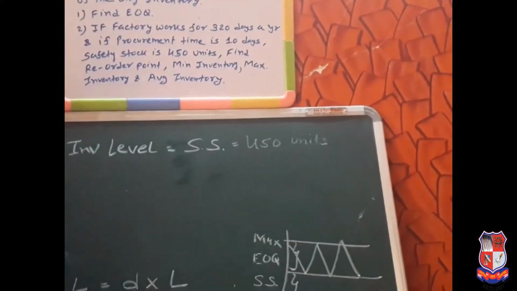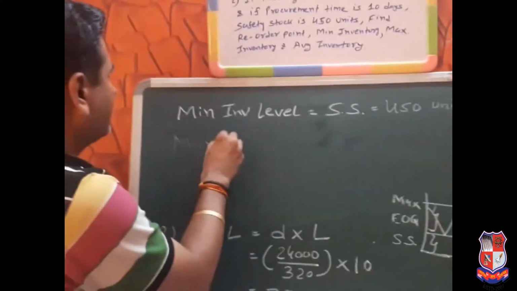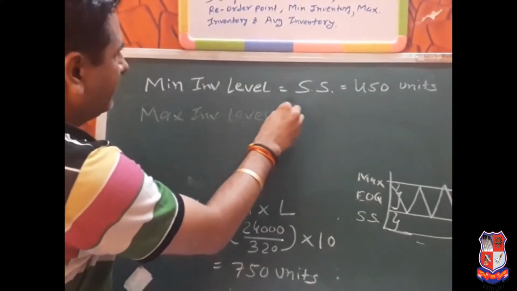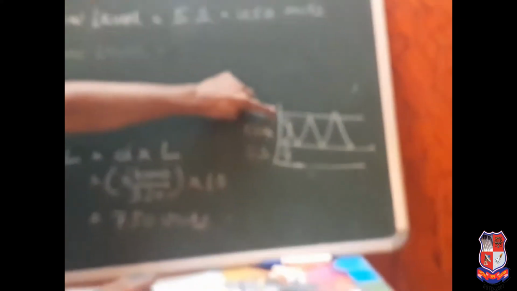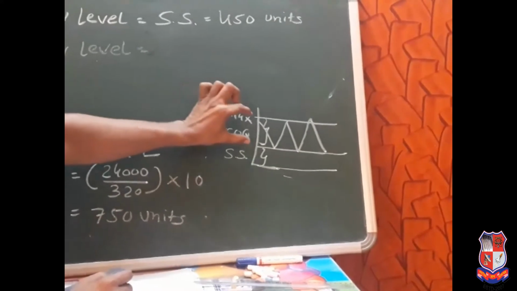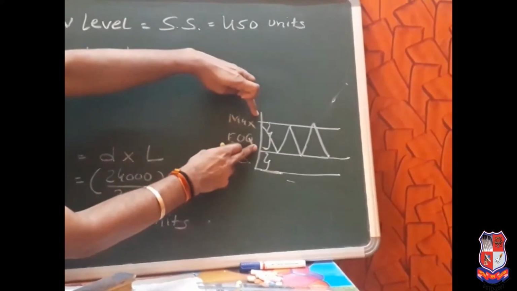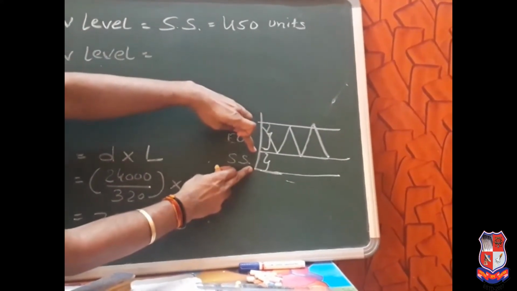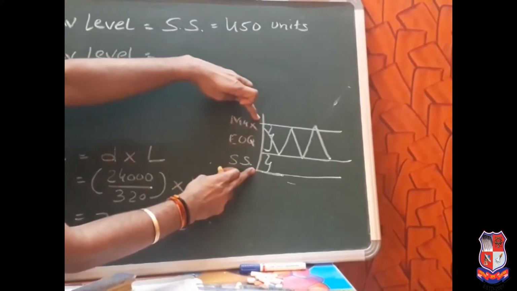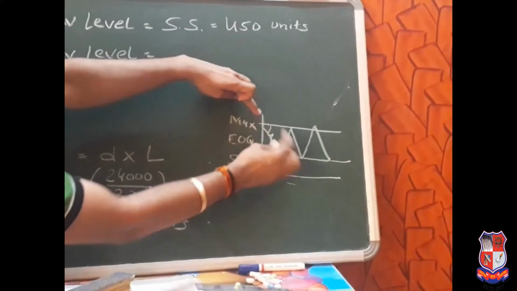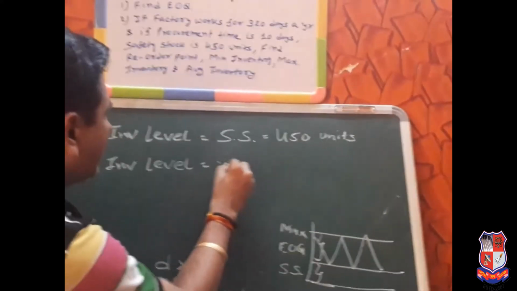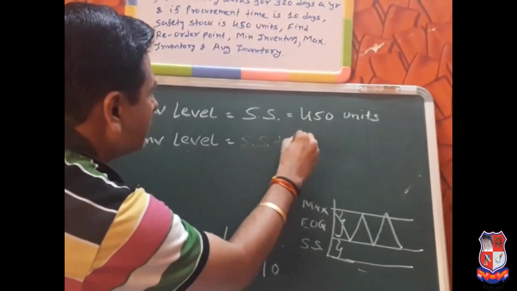Then the second one is the maximum inventory level. In this example you can see this is the maximum level. The maximum level is the EOQ level plus the safety stocks. So this is SS plus EOQ.